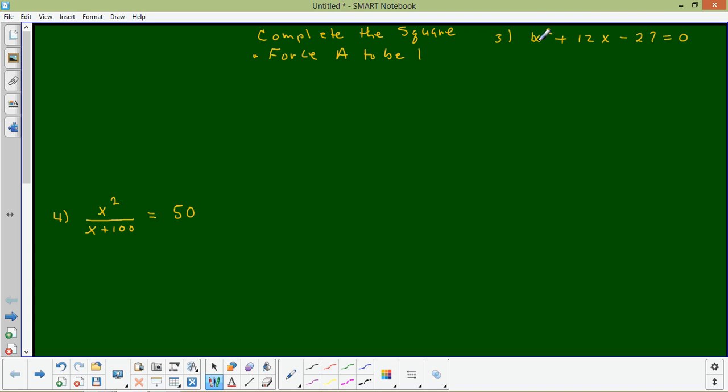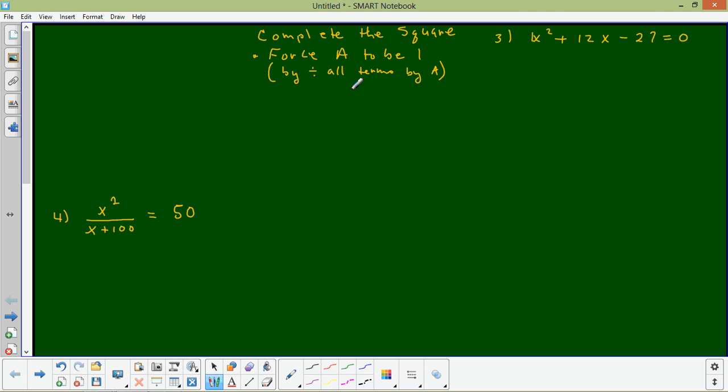If it wasn't a 1, if this x squared term had some coefficient other than 1, then the technique to do that is by dividing all terms by A. So here we had a 1x squared. We have the first requirement. A is a 1. If it was a 2, we divide everything by 2. If it was a 3, we divide every term by 3.